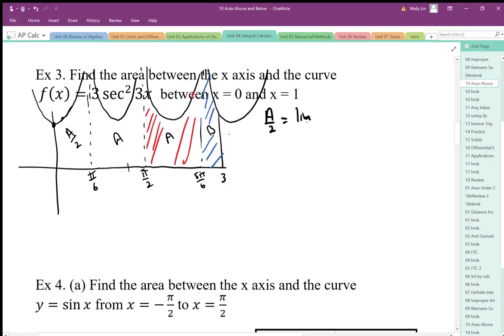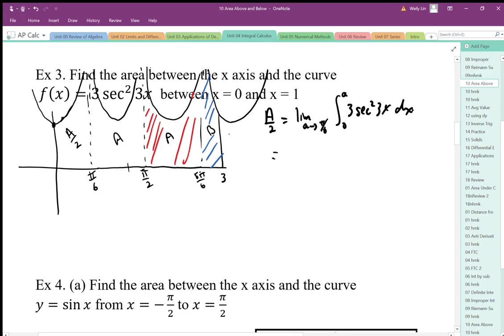It's going to be the limit as A goes to pi over 6 of the integral from 0 to A of 3 secant squared 3x dx. I'm going to work out that limit first.